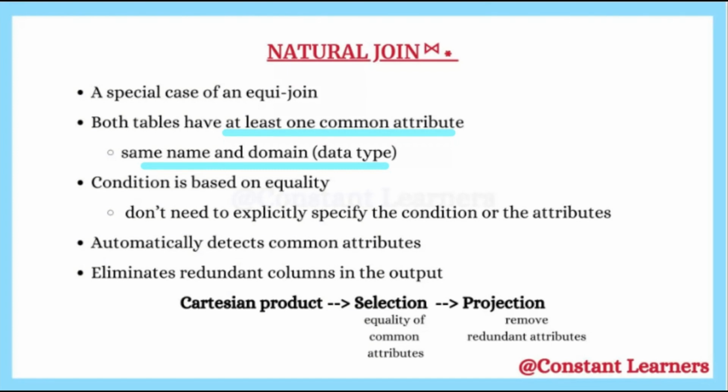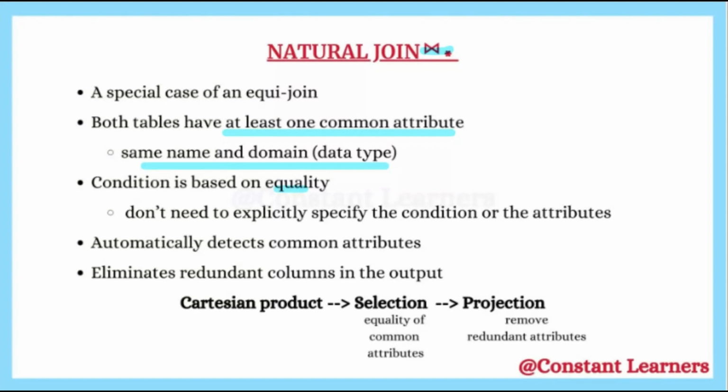That is, the name of the column should be the same and the data type of those columns must also be the same. Only then can the natural join be performed. Natural join is denoted by this symbol here, that is the join symbol, along with an asterisk mark. The condition is based on equality since it is a special case of equijoin.